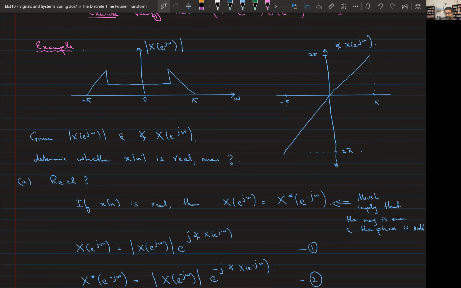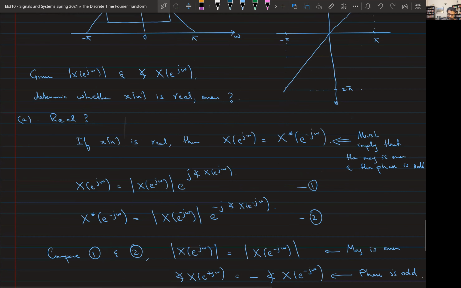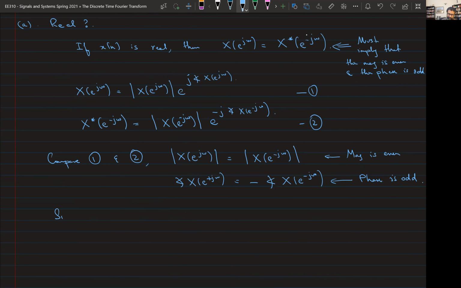That means, okay, since the given magnitude, given X(e^{jω}), is even, and the phase is odd, then that means x[n] must be real.